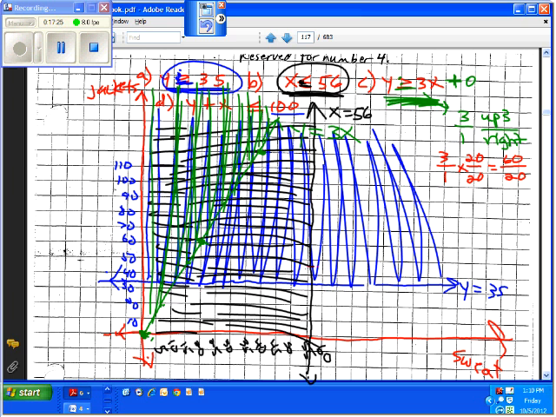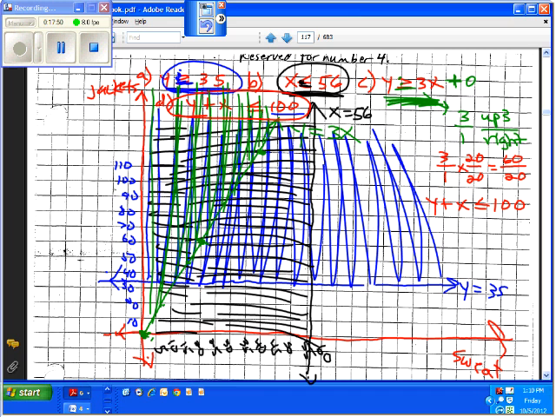Because we're going to use those equations to find the corners. Okay? Now, the other thing we have is this right here, and I'm going to move it over here. It looks like y plus x is less than or equal to 100.